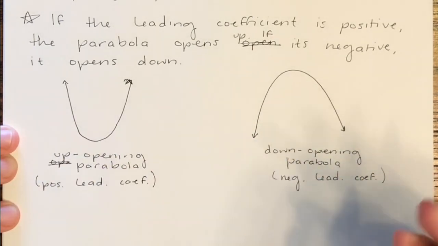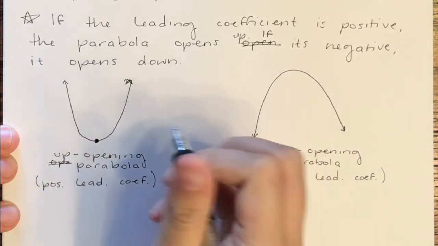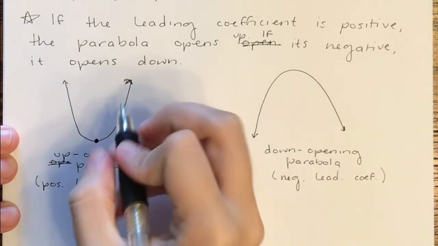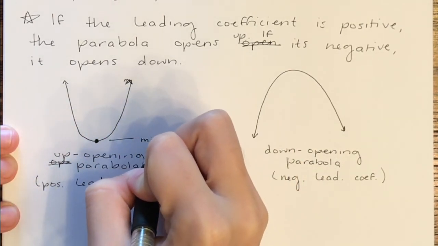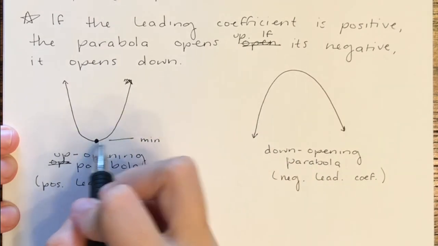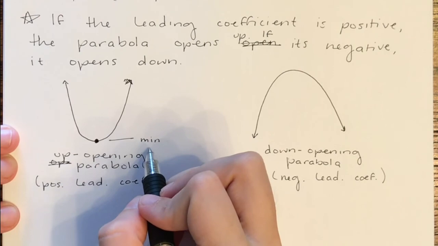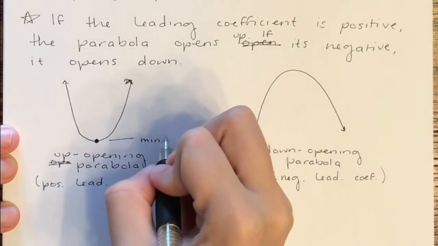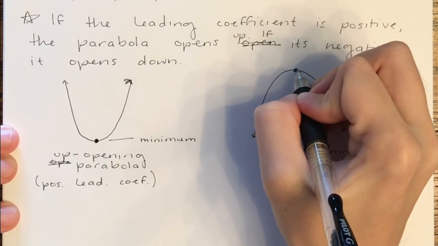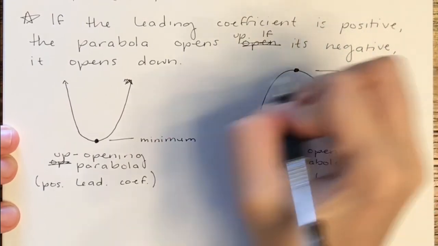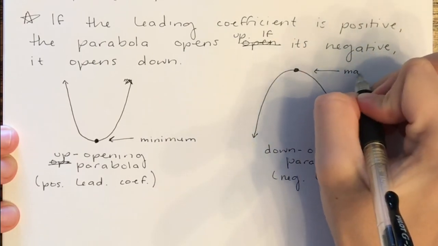Okay, what else can we tell from these functions? Well, something we've talked a lot about before are maxes and mins. Each of these have a very distinct max or min, right? This point is both the absolute and local minimum of this graph. This point is both the absolute and local maximum of this graph.